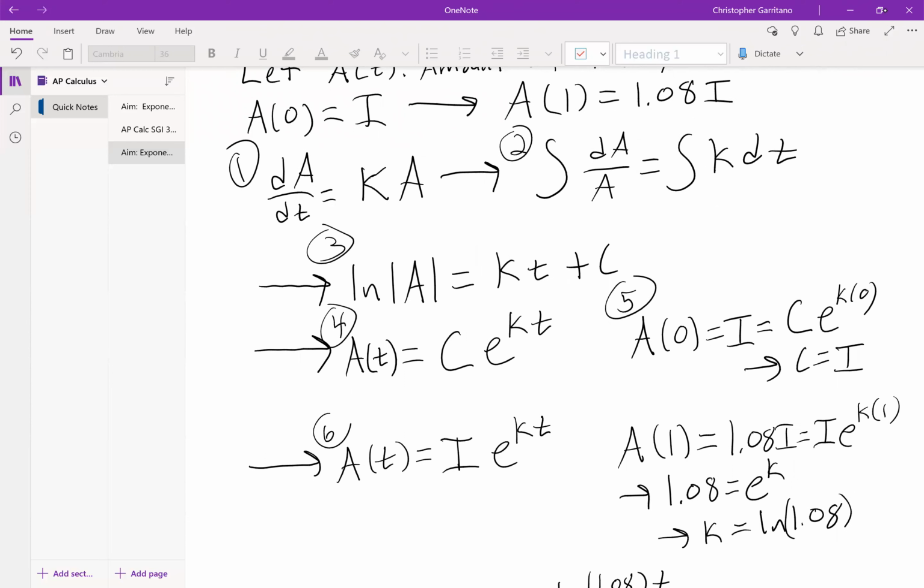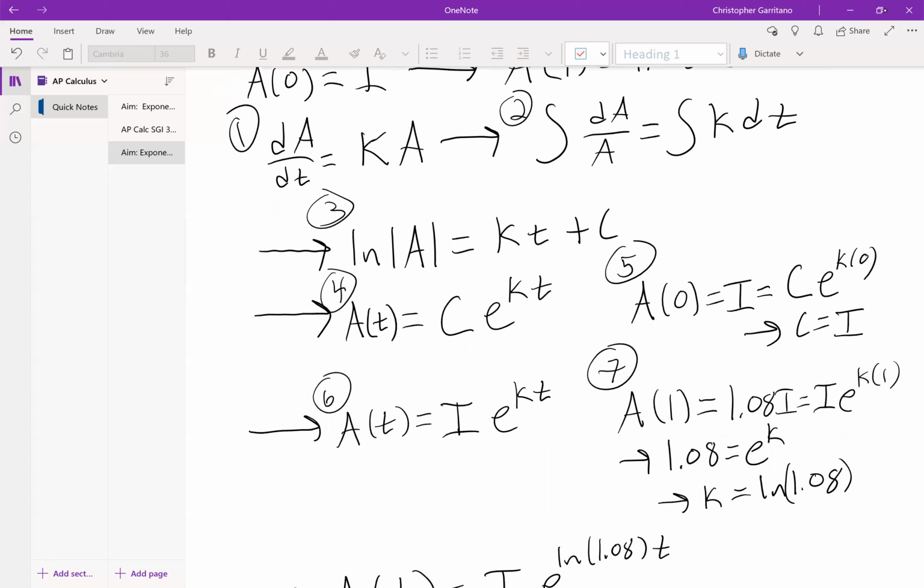In step 6, I just rewrote the general solution with the updated information that C is equal to I, whatever you initially invest. Step 7, I'm now using the fact that 1 year later, that initial investment has grown by 8%. And so I have 1.08I is equal to I times e to the k times 1.